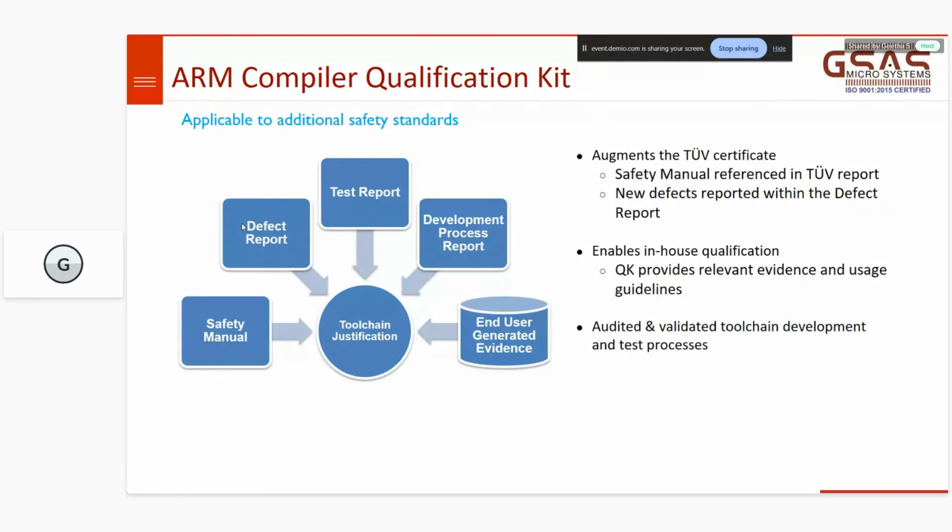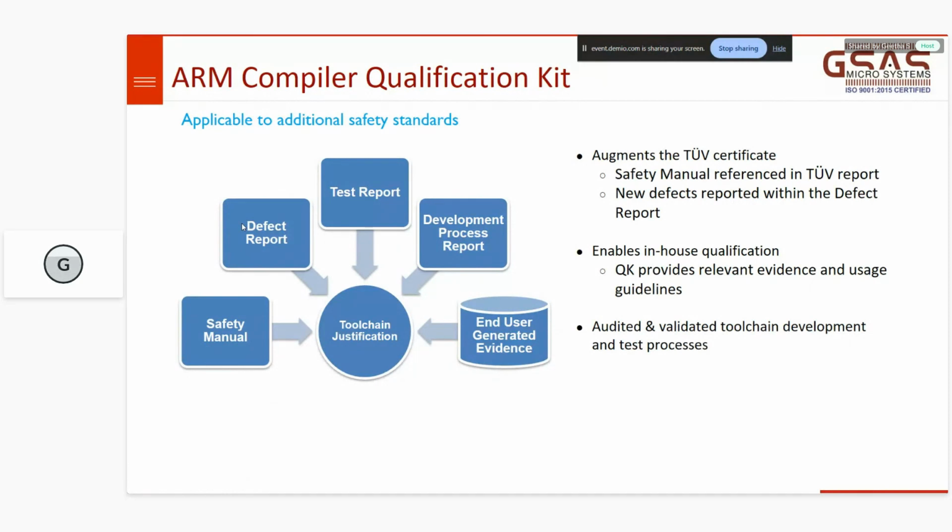The test report: suppose the ARM compiler has been certified for ISO 26262 ASIL-D. As per the standard, there are guidelines. So what deviations the ARM compiler has taken in comparison to those guidelines, and whether that is safe for you to implement, is more critical for you.